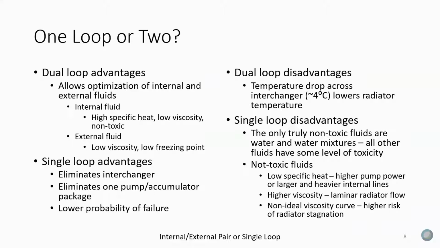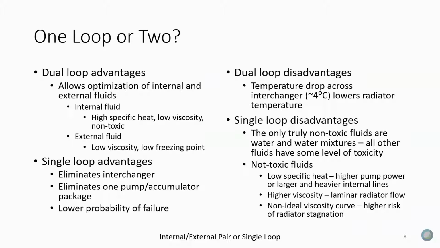So that's why we normally use water, or water mixtures, on our internal loops. External fluid, you'd love it to have low viscosity, and you really want a low freezing point. Other things are secondary, things like thermal conductivity, specific heat. You'd like those to both be high, but those are kind of secondary. Your key things are low viscosity, low freezing point.